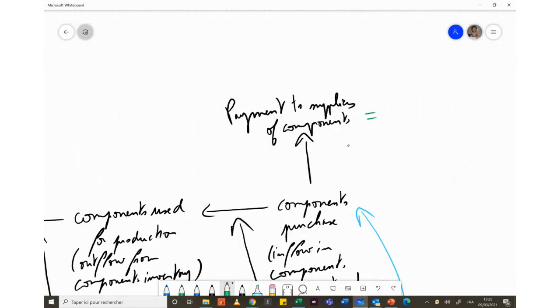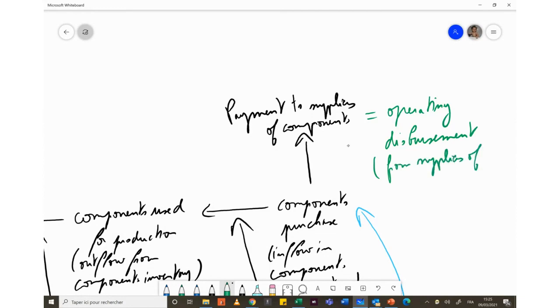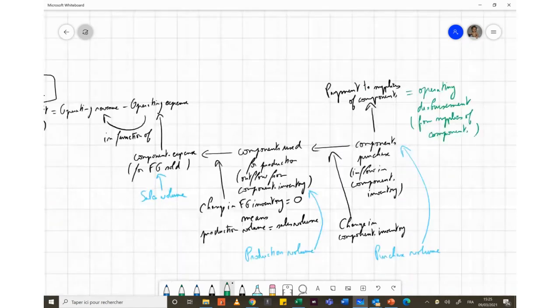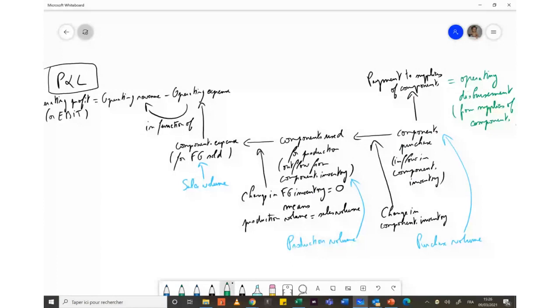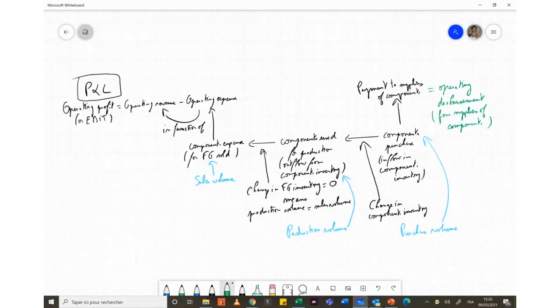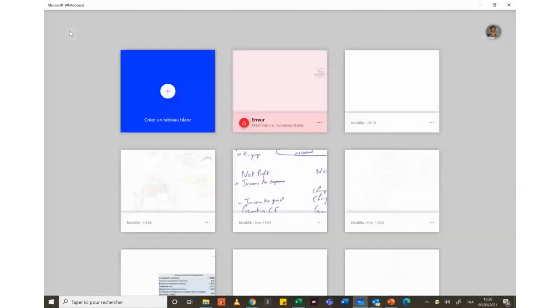So we want some operating disbursement. So this is all the process. Okay. So later I will put this diagram in one slide.